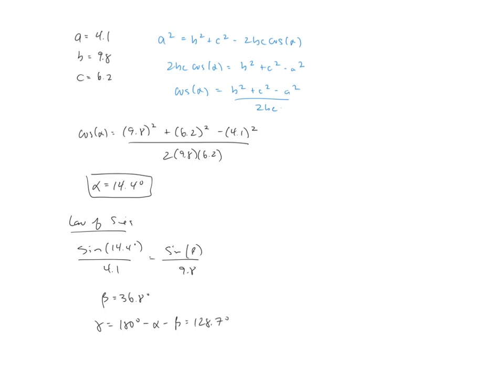So what I'm really going to need to do is ignore this right here, and instead for beta, I'm now going to take beta to be 180 minus the 36.8, which gives us the 143.2 that it should be.